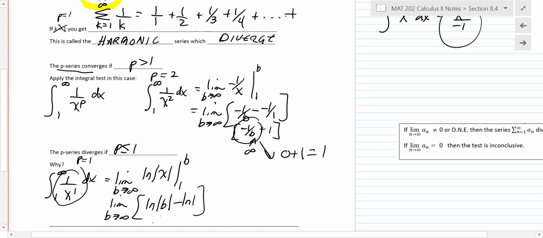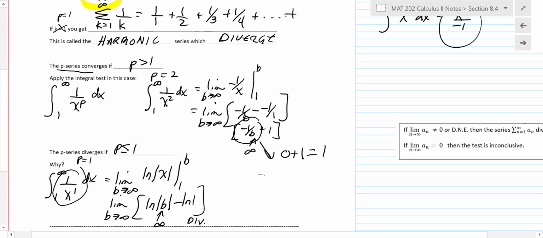What happens on that one? If b is infinity, what do you get? That just gets infinite, doesn't it? So that diverges. And you would find the same thing happens when p is less than 1. By a similar argument, you would have the same thing.